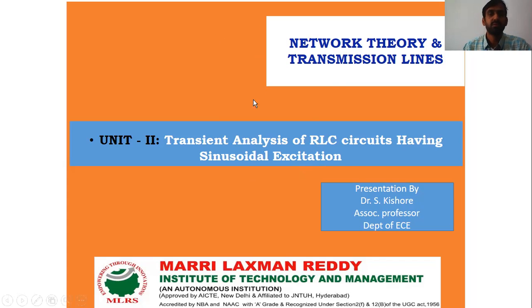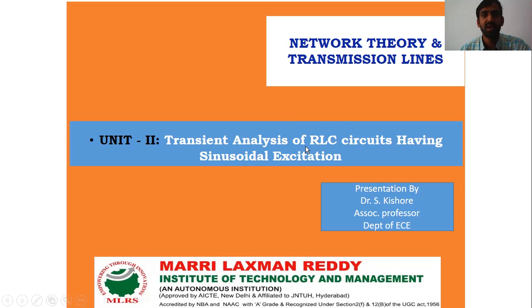Right. So for this, we can derive the expression for the transient response for RL and as well as the RC with sinusoidal excitation. But those two will come similar to your DC excitation. Whereas coming to the RLC circuit, as it is a second order circuit, why is it a second order circuit?